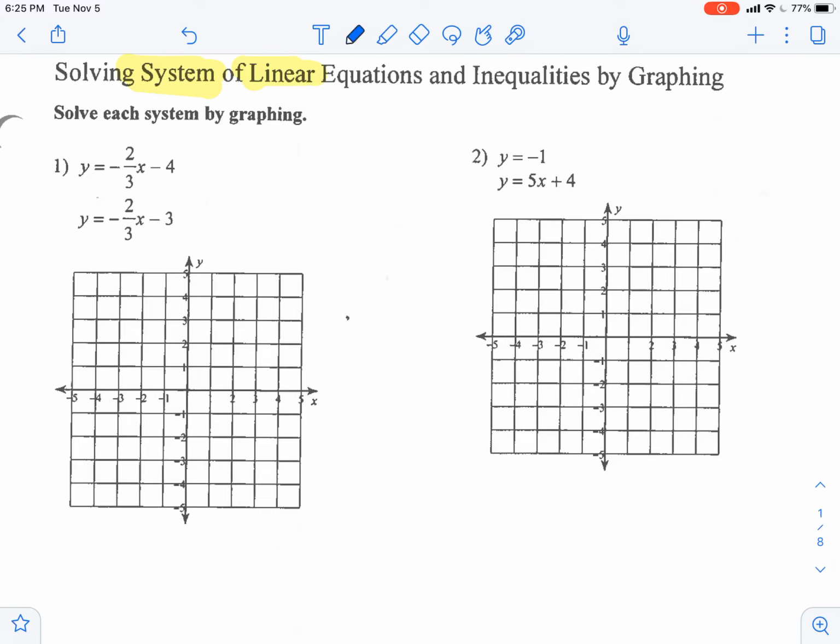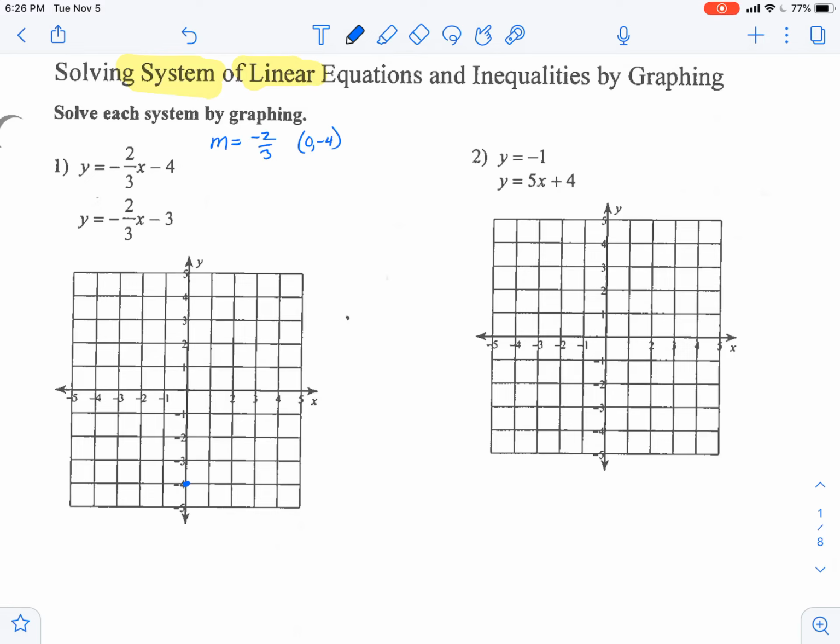So we are going to graph this just like what you would normally graph. Our first one here is going to have a slope of a negative 2/3 and a y-intercept of (0, -4). So I'm going to go ahead and graph that. (0, -4), slope of a negative 2/3. Now, negative 2/3 would be down 2, right 3.